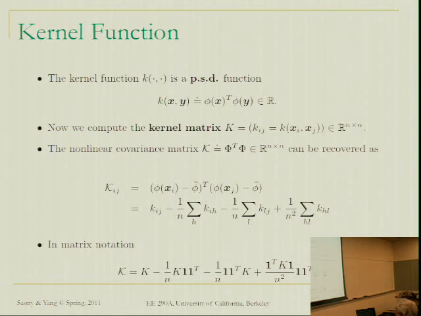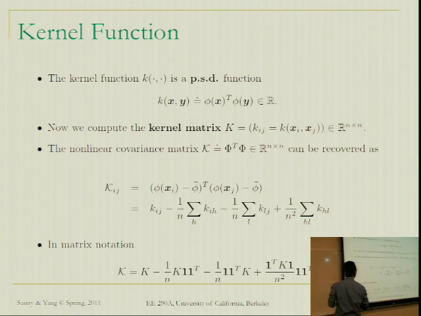So the element of this matrix is equal to this vector times this vector, right? The normalized version of phi of x_i and phi of x_j, the dot product between the two, and then if you multiply the four terms, you get these four terms.